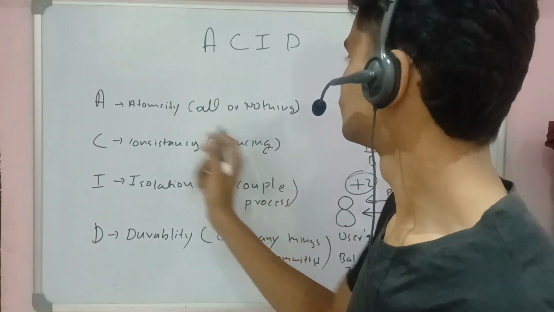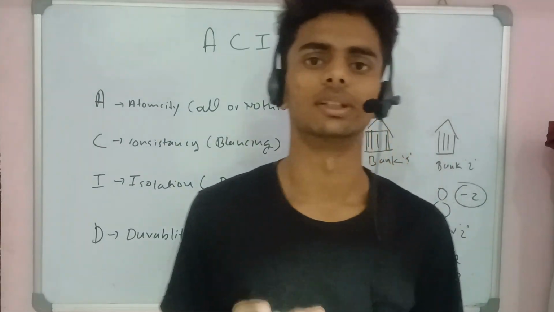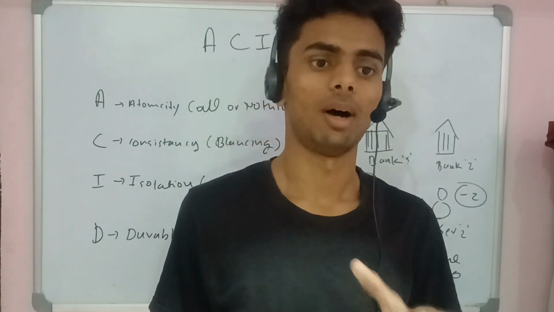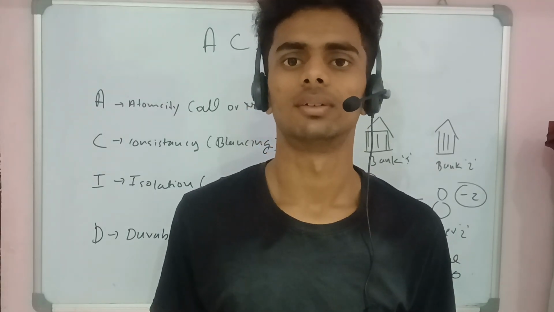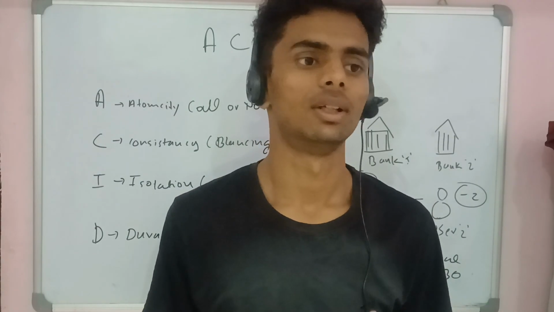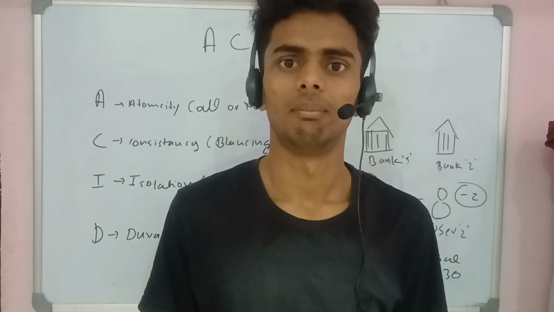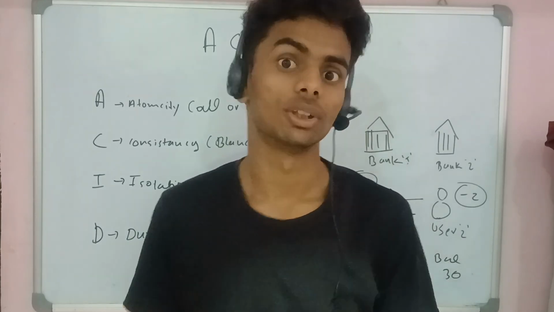Second is consistency. Consistency refers to when we want to update both numbers. When we talk about GPay and online payment apps, all of them are built on one of the basic principles, consistency.